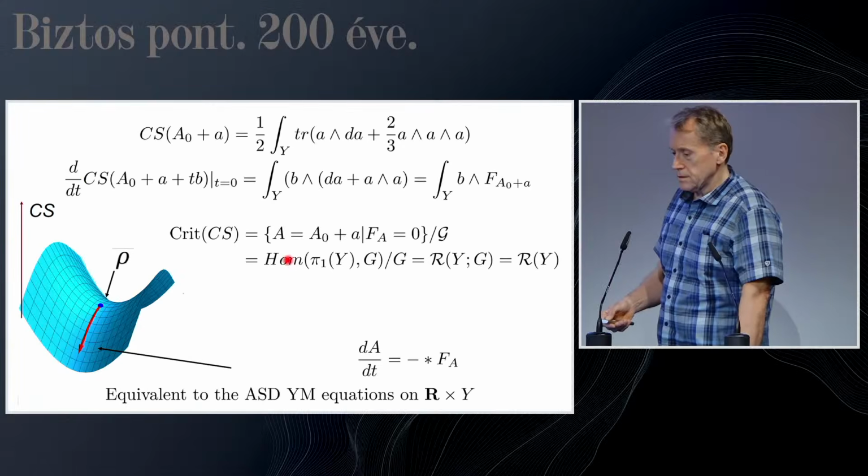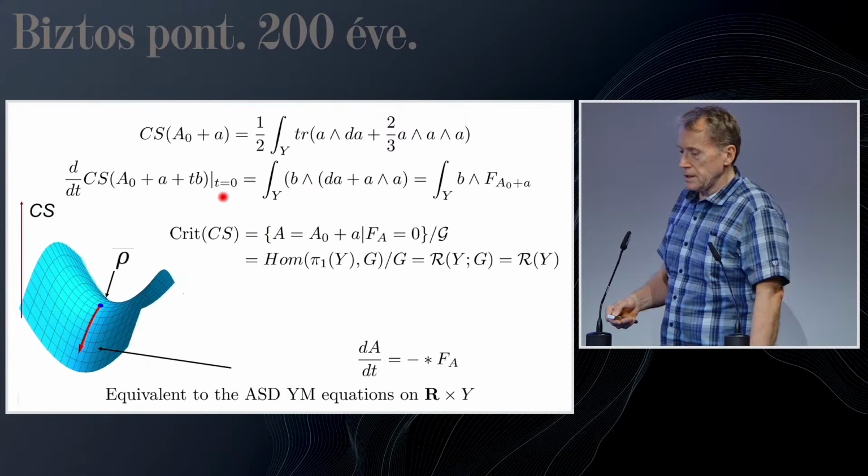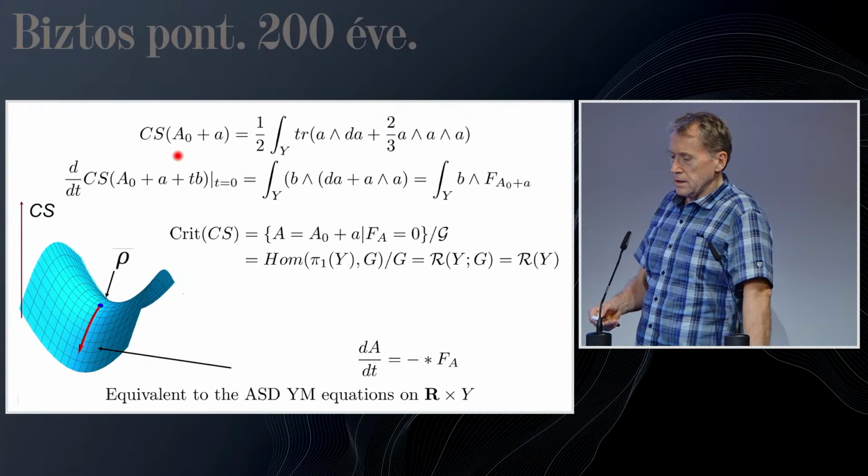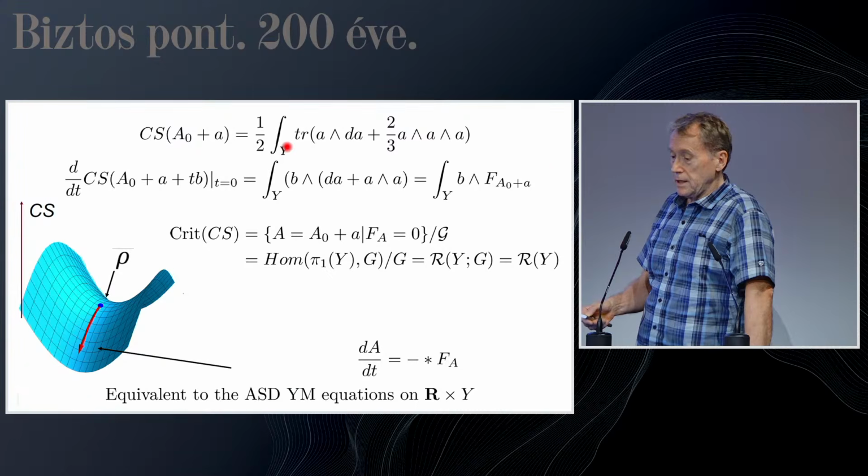And just to say a tiny bit more than Peter did, the Floer homology is the Morse homology of the Chern-Simons function. Here's the Chern-Simons function, written out in all of its glory. And the interesting thing is that when you differentiate it, there's a 2 that appears here. And then, well, that 2 cancels, but there are 3 factors here.